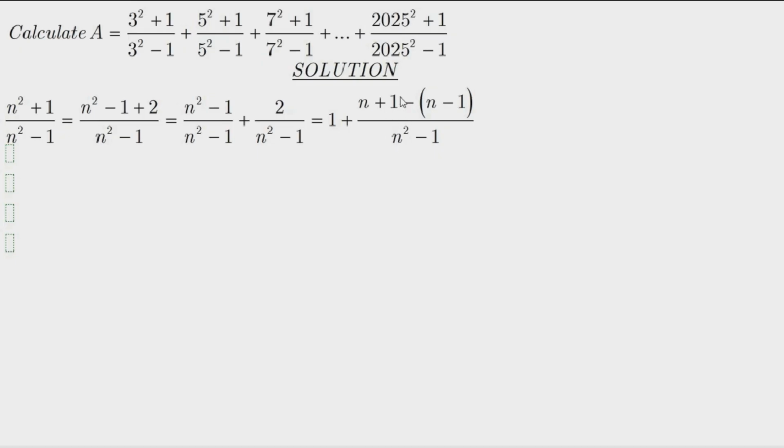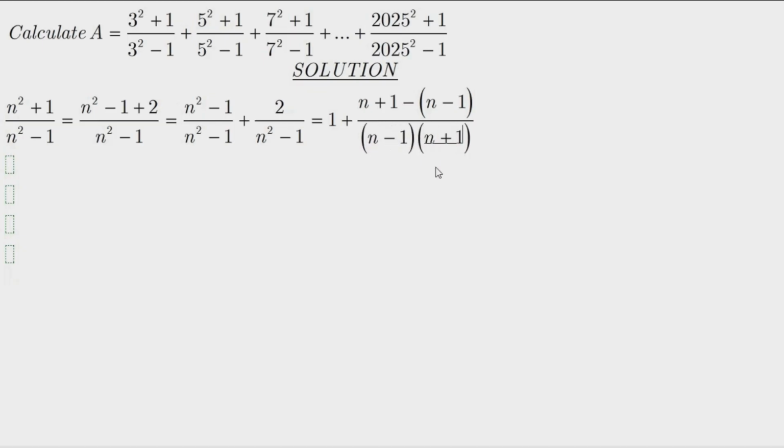So this fraction is the same as this fraction. Now we can separate this fraction into two fractions again. As we know, the denominator n square minus 1 can be written as (n minus 1)(n plus 1).